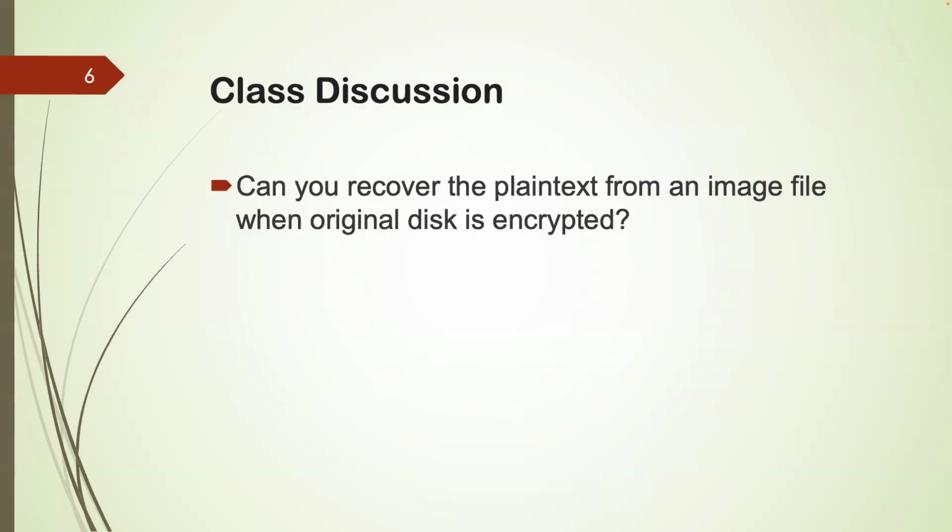All right. So the idea here is that you have a hard drive that you captured, and inside that hard drive, you have some files that are encrypted. So even if you make a bit by bit copy, will you see the encrypted versions on your copy, or will you see the actual versions?